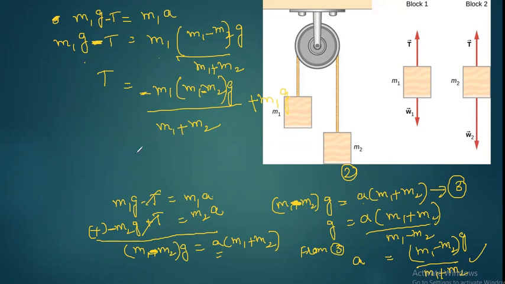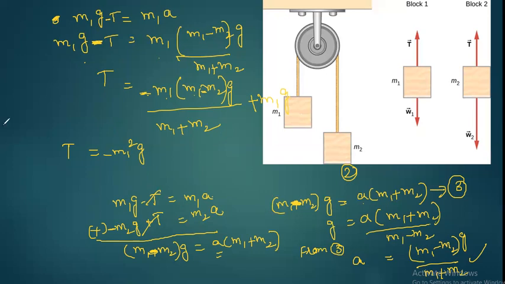T is equal to minus M1 into M1 square G, plus M1 M2G. Or else you can send this one to that side. T you send that side.